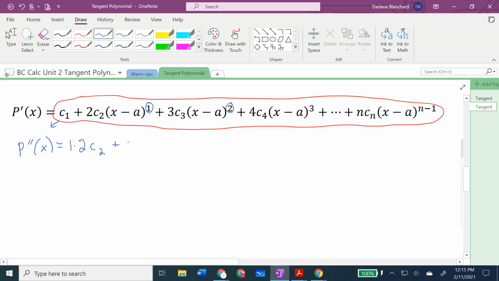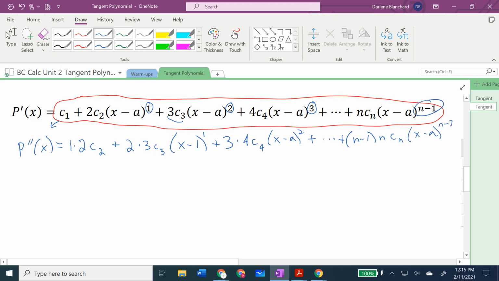And then I have 2 times my constant multiple, and the exponent goes down 1, and then multiply by the exponent, the constant term, and bring the exponent down 1. And now the exponent is n minus 2.